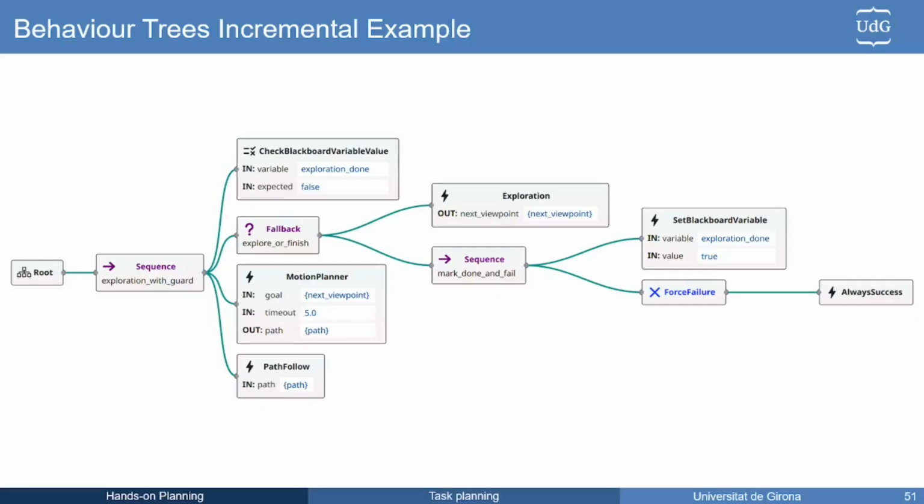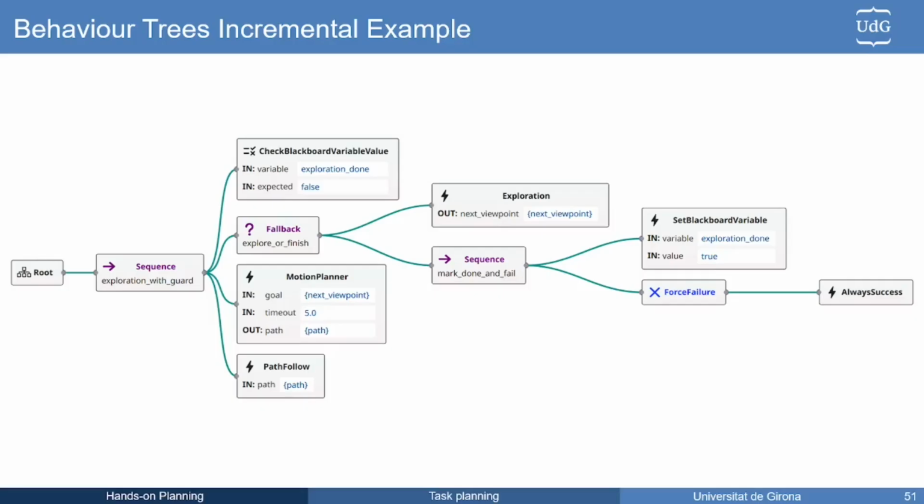Of course, before this sequence, I would have to reinitialize this information in the Blackboard, but as I told you, now it's a simplification. Then, if I check here, this will be exploration not done. I have to check that this variable is false.